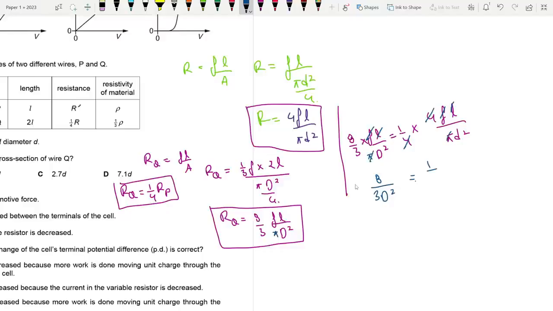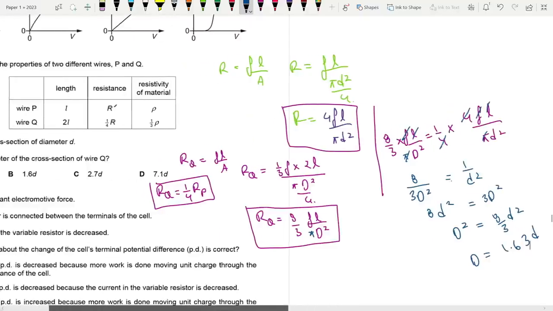So 8 by 3 D square is equal to 1 by small d square. If I cross multiply, 8 small d square is equal to 3 capital D square, or capital D square is equal to 8 by 3 small d square. Root over both sides, root over 8 by 3 gives you a value of 1.63 times D.